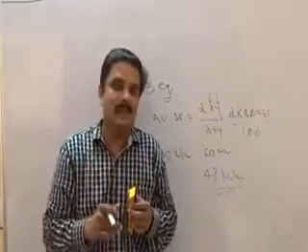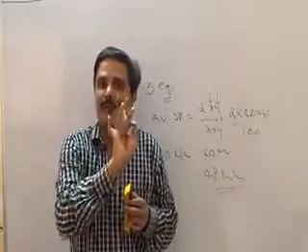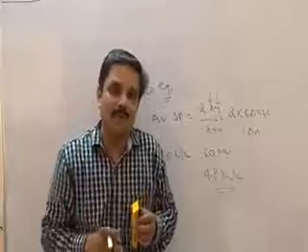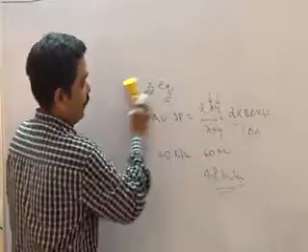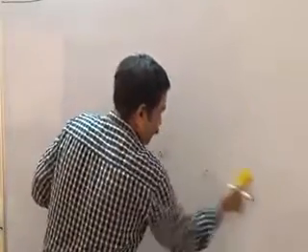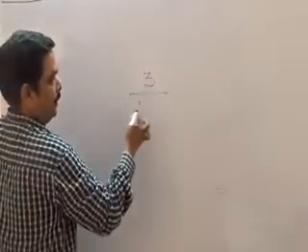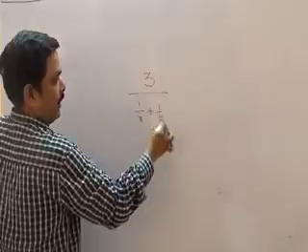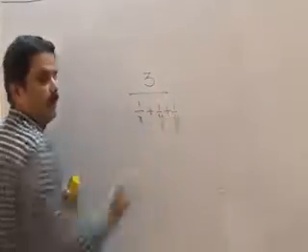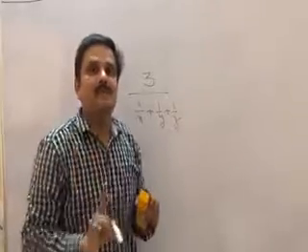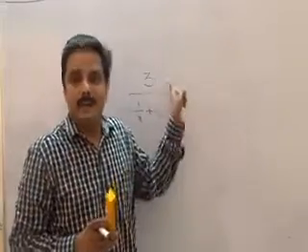In this case, we need not waste our time by calculating total distance by total time. Simply, when three equal parts are there, there is a direct formula for us, that is 3 divided by 1 by x plus 1 by y plus 1 by z, where x, y, z are the respective speeds for the journey. You can get the direct answer.